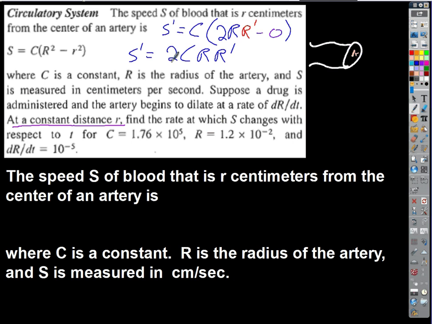So 2 times 1.76 times 10 to the 5 times 1.2 times 10 to the negative 2 times 10 to the negative 5.